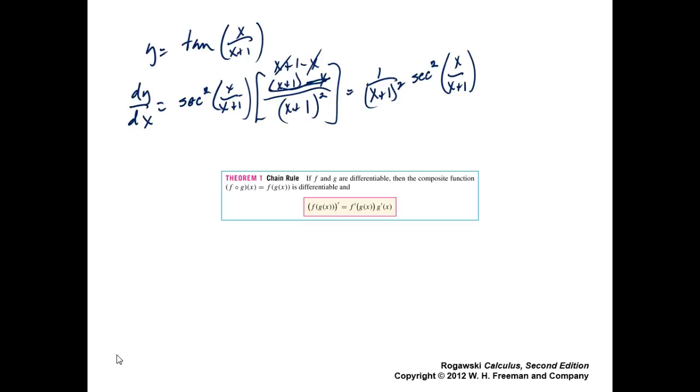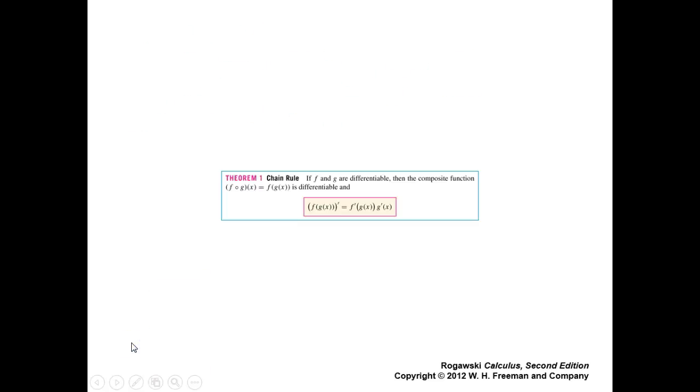Okay. All right, so this is example 4, which is a chain rule. Because this one might be a little more involved, I'm going to clear the screen.